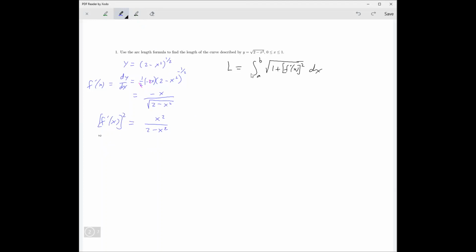Then we plug it into here. Of course, a and b are 0 and 1 from here, because these are in x. And then you have the square root of 1 plus this.